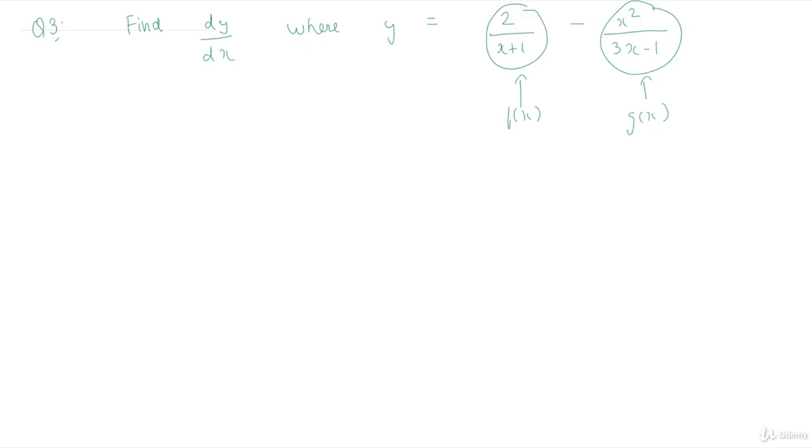So now as we saw in the previous example, dy by dx can be written as d by dx of y. The y is f of x minus g of x. Okay. So as we have already assumed f of x and g of x, from the subtraction rule of algebra of derivatives, we can write this as d by dx of f of x minus d by dx of g of x.